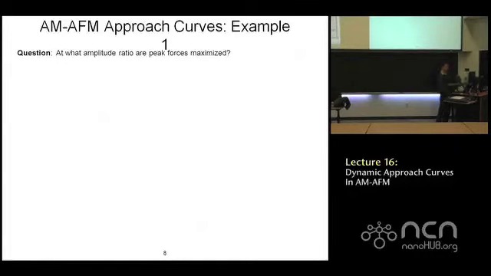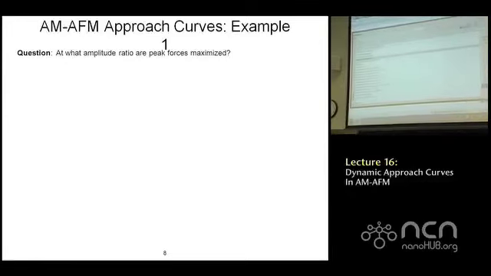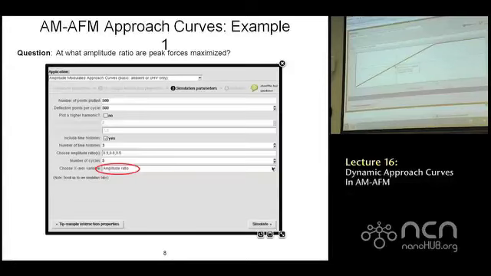So we notice that this happens at around z equals 0.93 nanometers, and if we went back to amplitude, that's around 0.5 nanometers, which is about a 50% amplitude ratio.